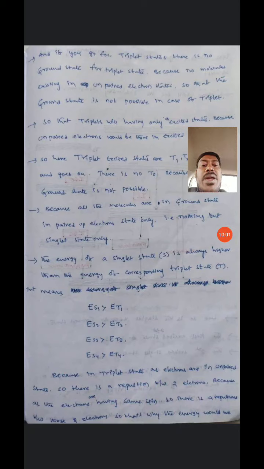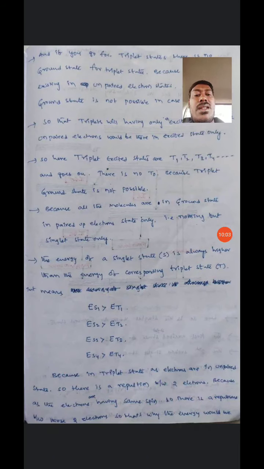Unpaired electrons would be there in excited states only. So here the triplet states are T1, T2, T3, T4, T5, T6 and so on.